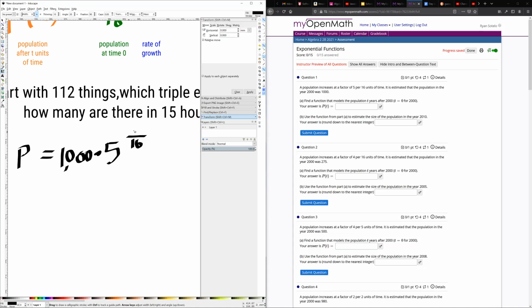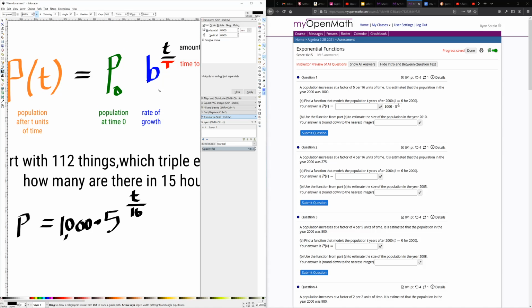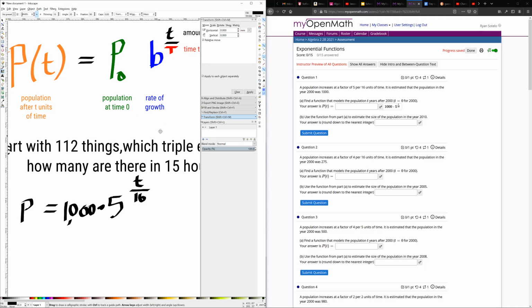But they want to know it as a function of time. So I'm just going to put a variable t here, and that's what I would put for my answer. So the answer we're looking for here is 1,000 times 5 to the t over 16. So that's all you have to do. You just have to plug into this formula. I'd recommend writing this down so that you remember where to plug things in.